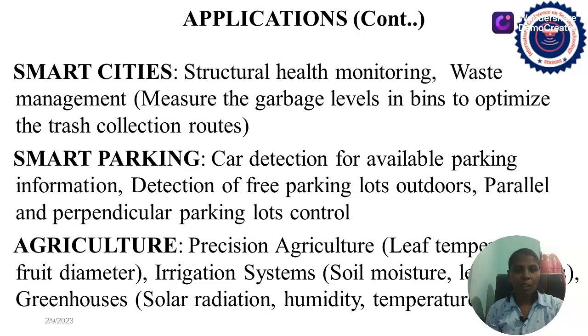Then smart parking: whether there are available places for parking a car or any vehicle. Then agriculture, precision agriculture, where we can capture information like leaf temperature, irrigation systems, and greenhouse effects.